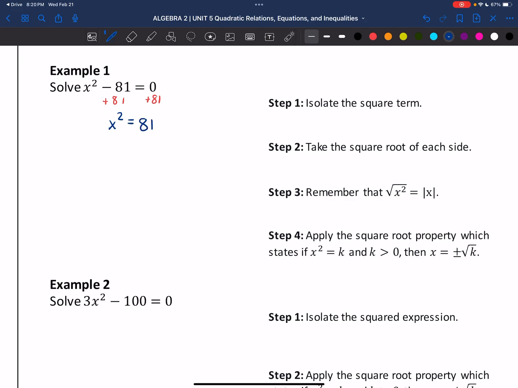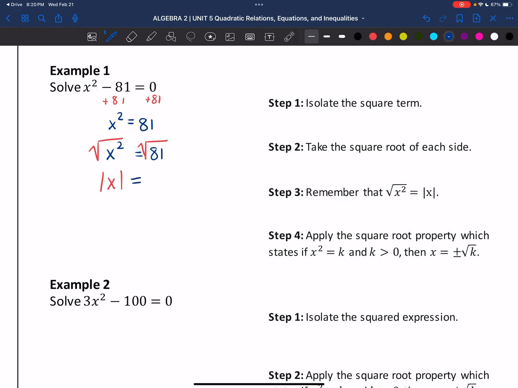Then we will want to take the square root of each side. So I'll take my x squared and the 81, and I need to take the square root of each side. Now remember, step number 3, that the square root of x squared is actually just the absolute value of x.